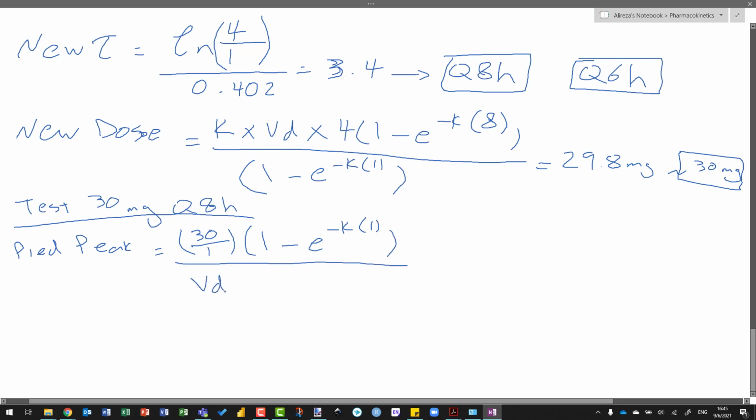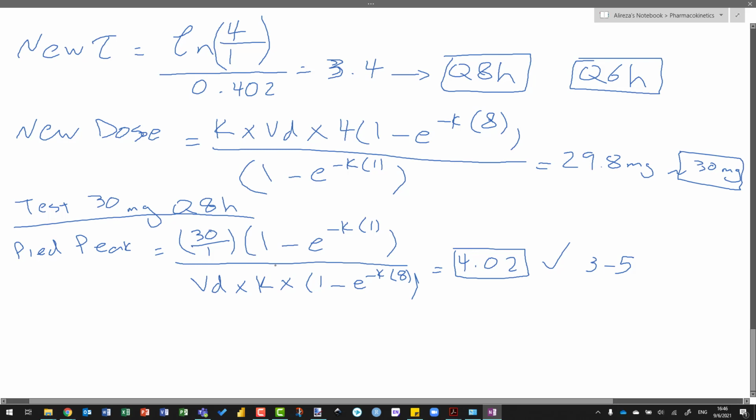And then we divide by the new volume of distribution that we had times the new K times 1 minus e to the negative K times tau, which is 8. And that would give us a peak of 4.02, which is exactly what we want, right? So our goal is 3 to 5. Now for efficacy, it looks like we made it work with the every 8 hours.